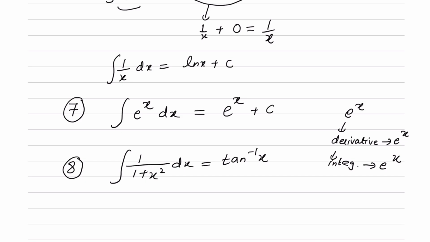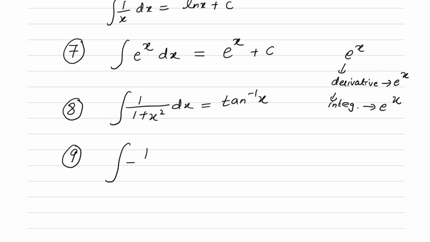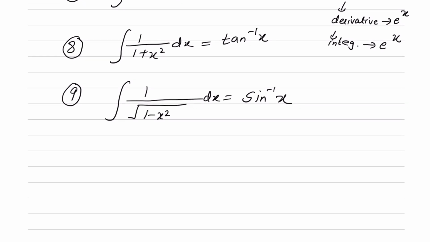Why is it so? Because the derivative of tan inverse x is 1 over 1 plus x square. Integration of 1 over square root 1 minus x square dx is sine inverse x, because derivative of sine inverse x is 1 over square root 1 minus x square.